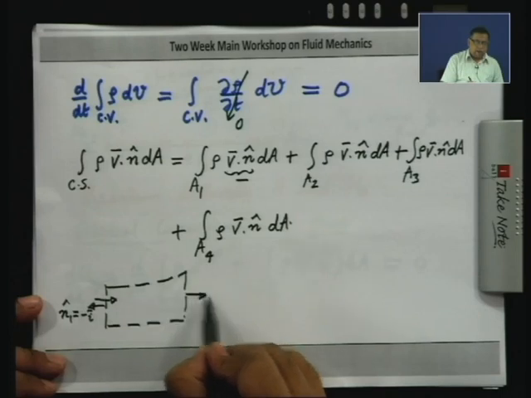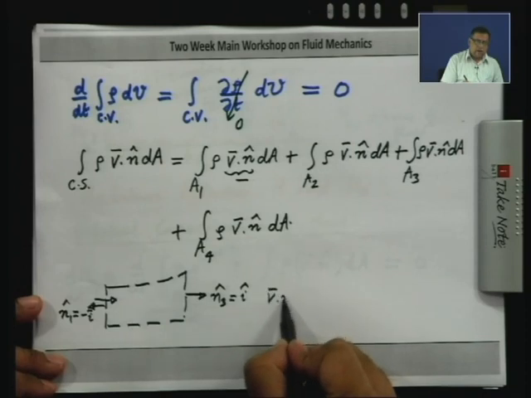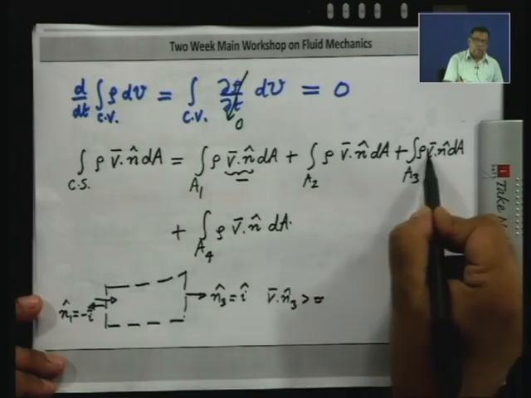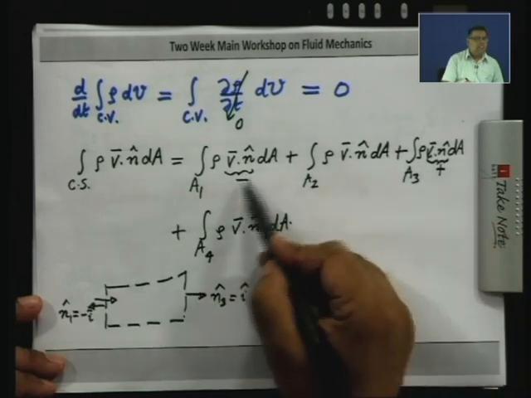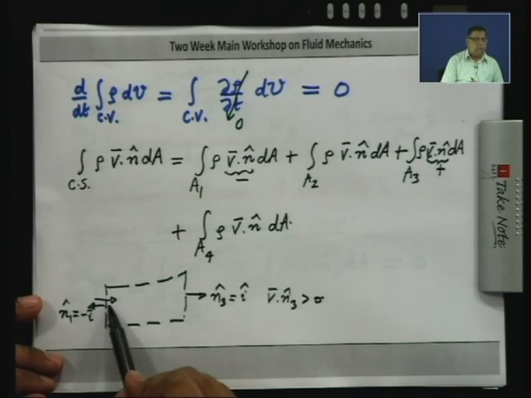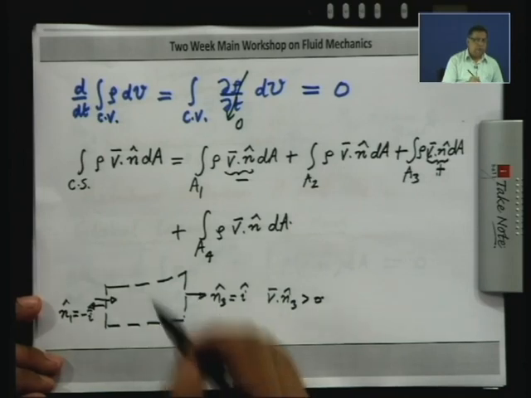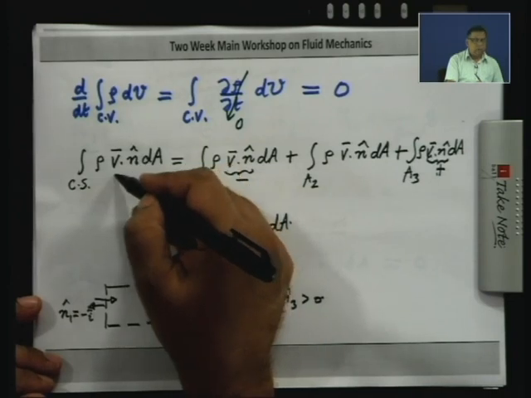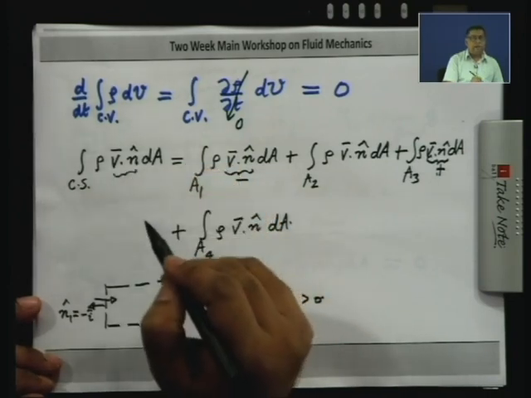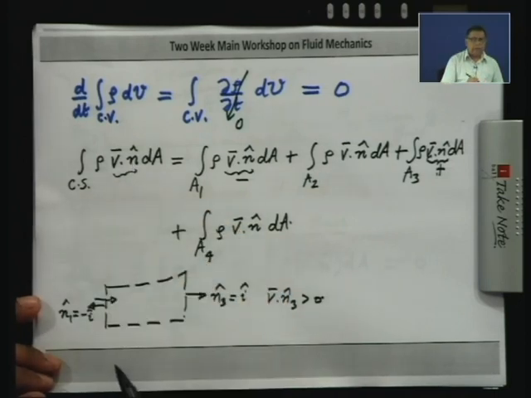Now, on surface 3 your N3 is plus i, so V dot N is going to be positive. So, this is plus. In the first case the minus sign signifies that mass is entering the control volume, and the plus sign emphasizes that the mass is leaving the control volume. So, you have to recall the fact that n is the outward normal. So, V dot n is the mass efflux from the surface, that is, if it is positive then the mass will be leaving the control volume, and if it is negative it will be entering the control volume.